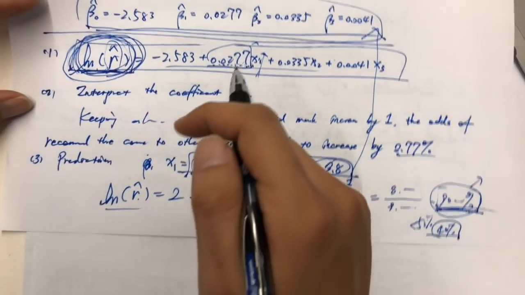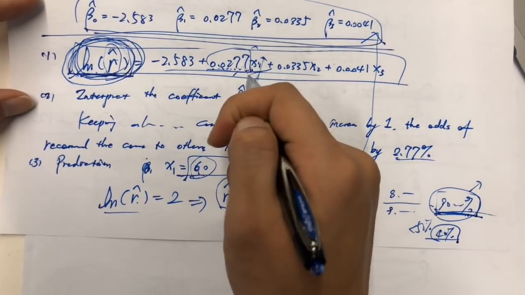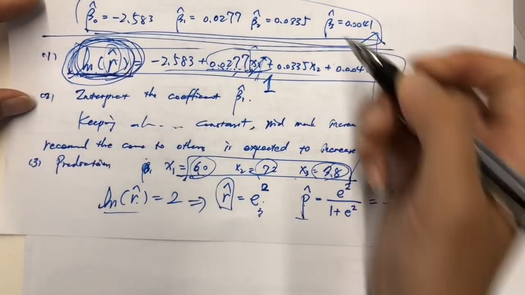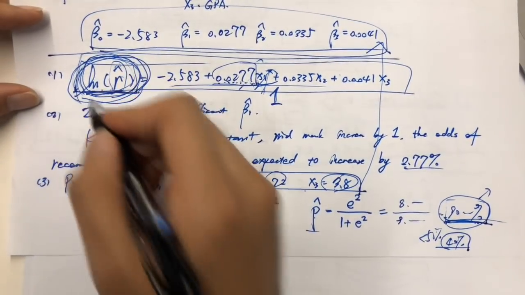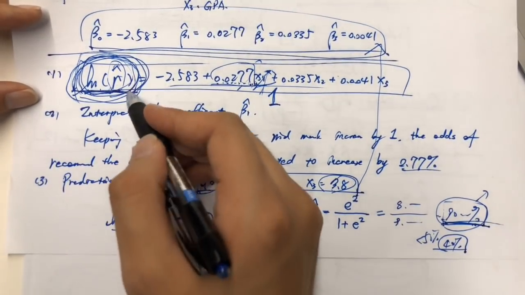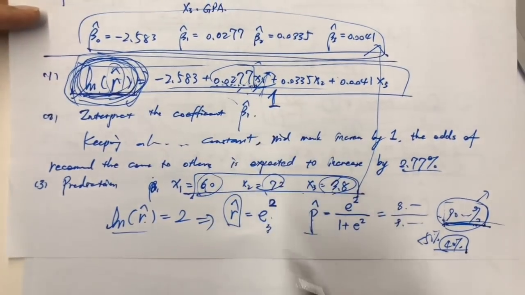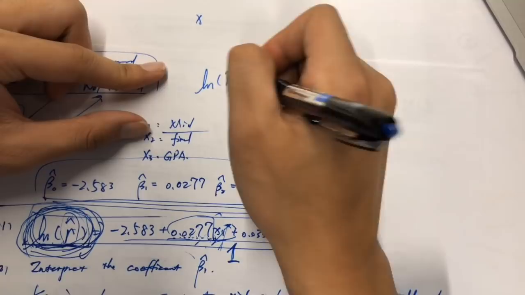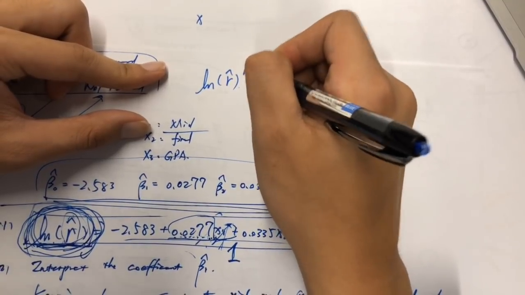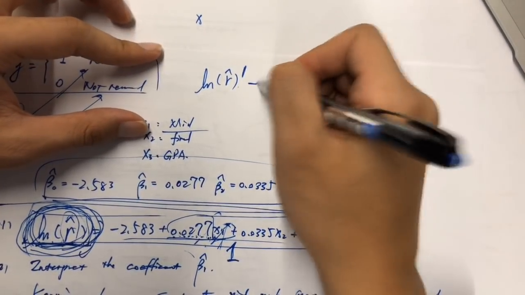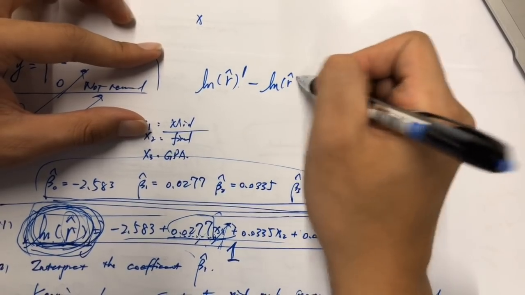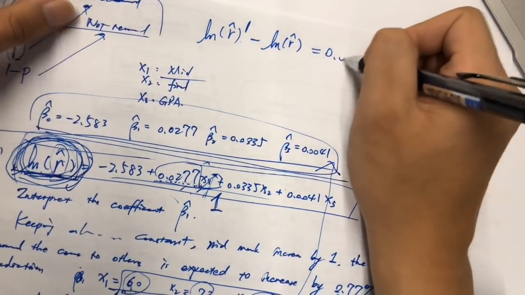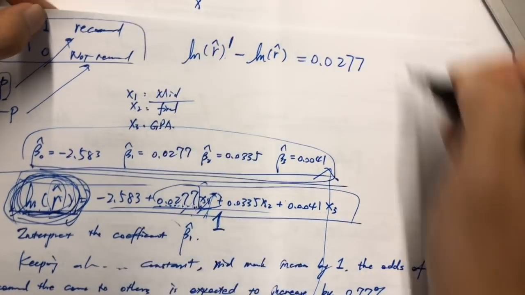We can see when x increases by 1 mark, the log of r hat becomes 0.0277 more, right? This means the log of r hat new, this is the new thing, minus the log of r hat old equals 0.0277.